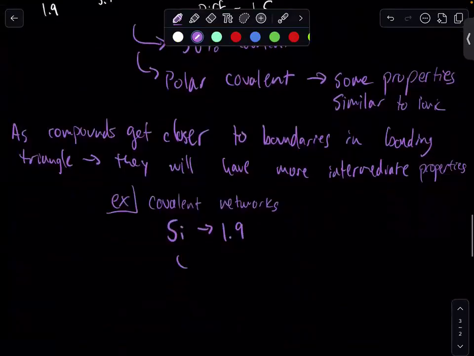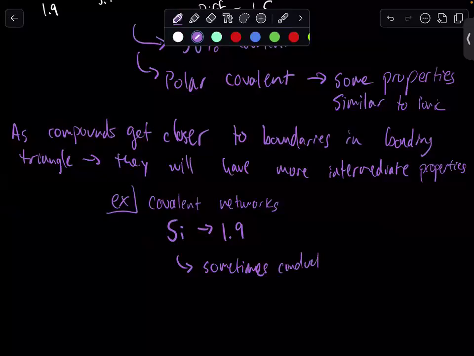Pure silicon is sometimes conductive. It has conductivity when we need it to. This is why it's used in computer chips. It's very hard. It is almost metal-like. It is shiny. However, it still bonds as a covalent network.